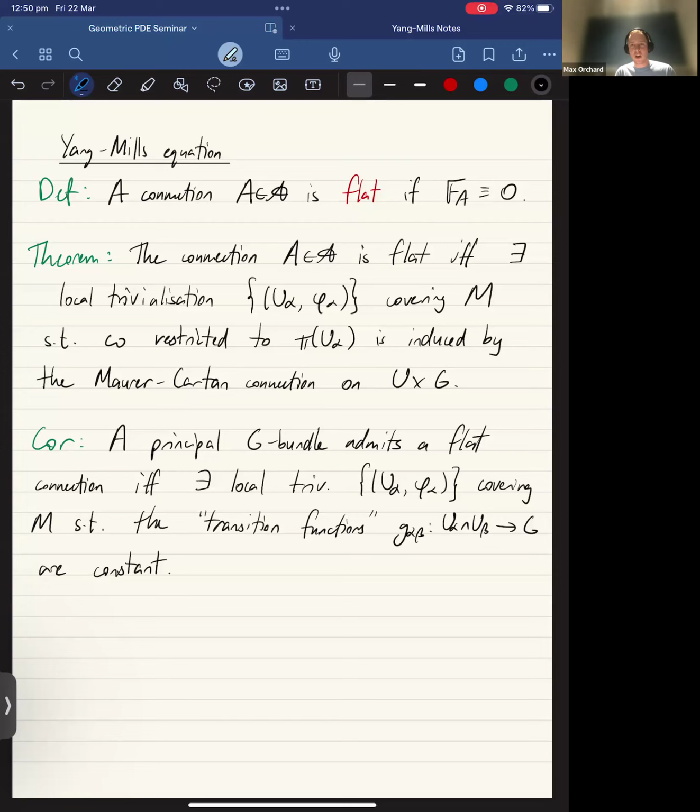Now, to be honest, I don't really know what these transition functions actually are, but the main takeaway that I want to give here is that it is not always possible for a principal G bundle to admit a flat connection.